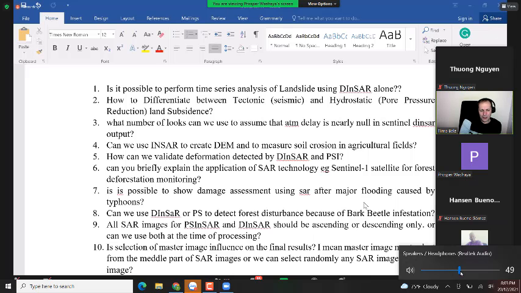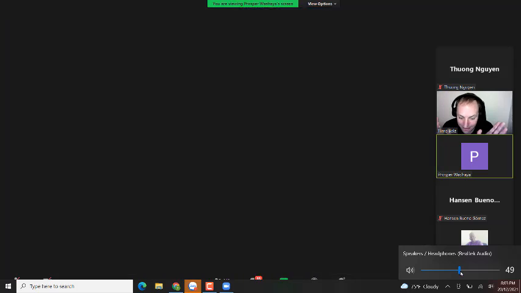I will not talk much about that though, but we're talking about very different methods on solving PS InSAR and DInSAR and so on over the next time, because landslides are a difficult topic for the PS InSAR. Okay, for several reasons.